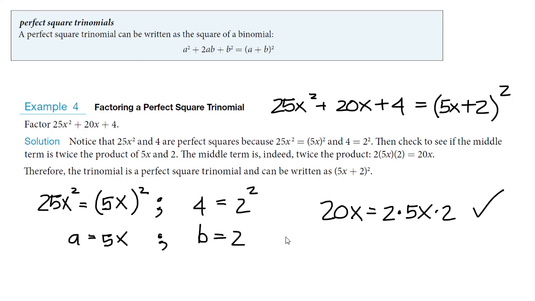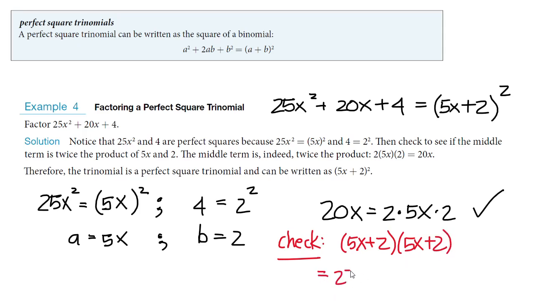Now, if I felt insecure, I could check. I could FOIL this out. I could say 5x plus 2 multiplied by 5x plus 2. If I FOIL this out, I get 25x squared plus 10x plus 10x plus 4, and that is correct. So I have factored it correctly.